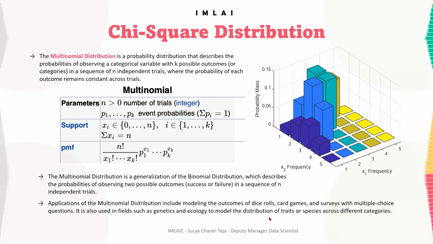So applications of the multinomial distribution include modeling the outcome of dice rolls, card games, and surveys with multiple choice questions. It's also used in fields such as genetics and ecology to model the distribution of traits or species across different categories.